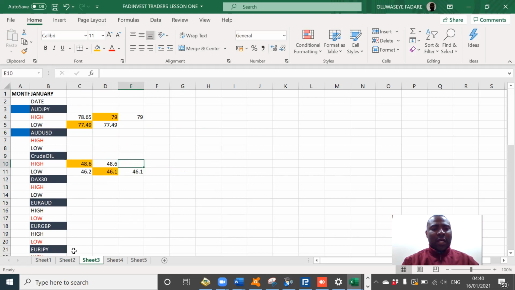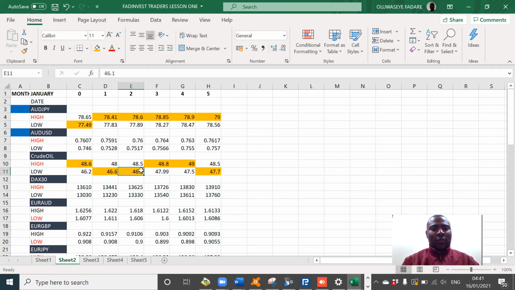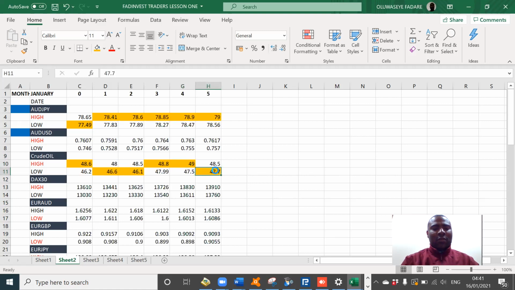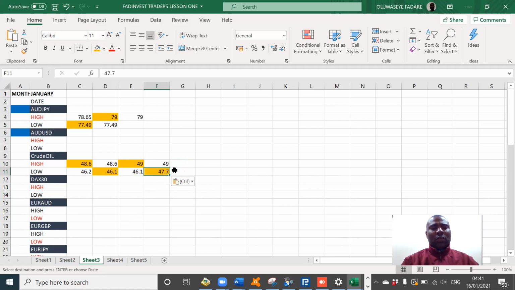We expect a high figure. We have two figures, but this is the highest. We copy and move here. And we pick up again. The next figure is a low, which is this, and we copy again. We go on like that.